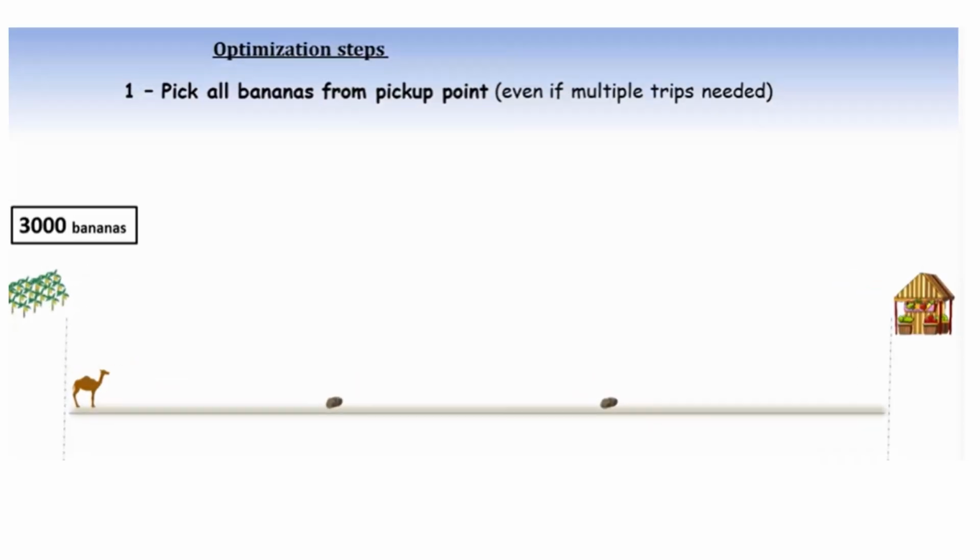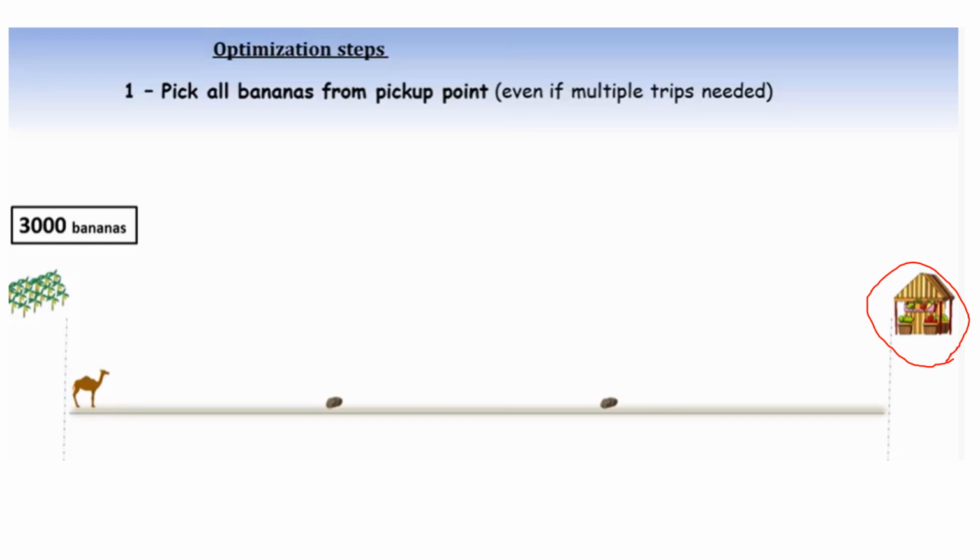Here, assume we have two intermediate points, or three, or one. Anyway, we have to find the number of bananas that will reach the market.